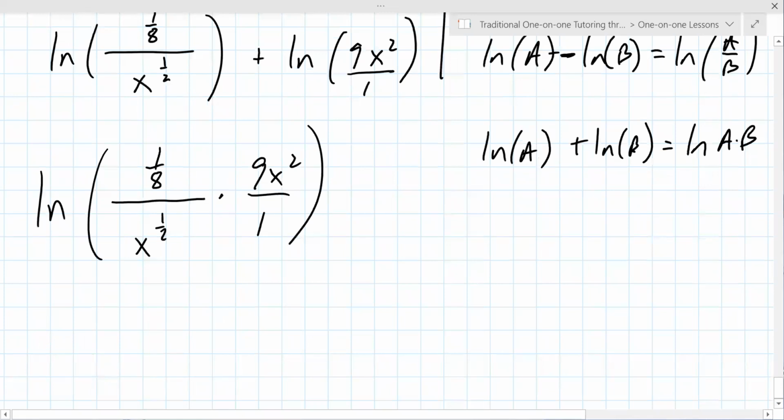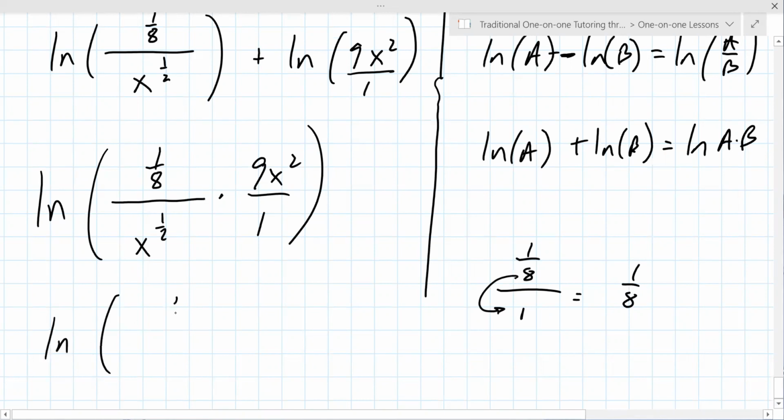Now this may be uncomfortable, but if it's 1/8 over anything, this equals 1/8. So basically this 8 comes down to the bottom. So it's natural log 9x squared over 8x to the 1/2.